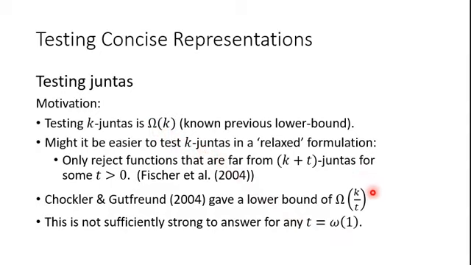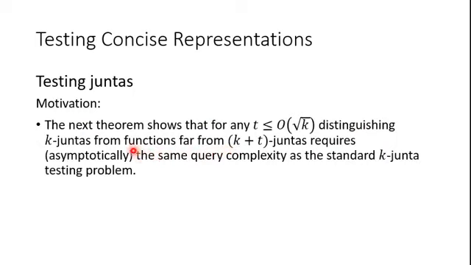Just to understand why this is not sufficiently strong, imagine, for example, if t equals square root of k, so we end up with Omega of square root of k. And here we will see that it is Omega of k. So as I mentioned, the next theorem is going to show that for any t less or equal to big O of square root of k, distinguishing k-hunters from functions far from k plus t hunters will require asymptotically the same query complexity as the standard k-hunter testing problem.